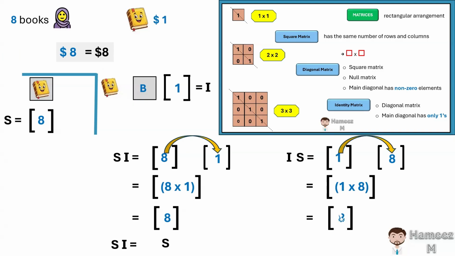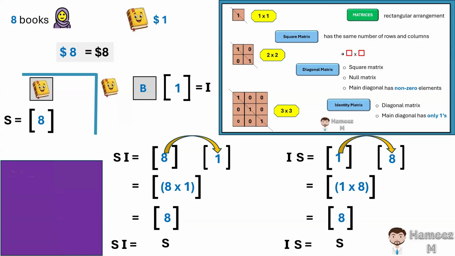And the point to that is that we're going to get the same thing, that I times S is equal to S. As such, if we have a matrix S multiplied by the identity, we'll get back S. If we switch it around, we have the identity times that matrix, we will still get S. Thus, I is equal to 1 is the identity for a 1 by 1 matrix.